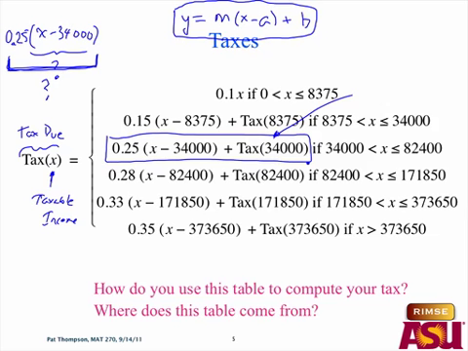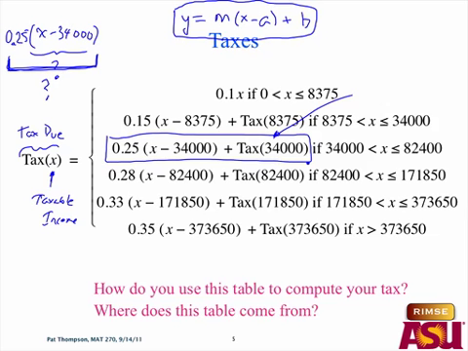It's a value. What value is it? It's your tax due after making more than 34,000 less than 82,400. It's almost a constant. And is it just a part of your tax due or all of your tax due? All. It's all the tax you owe on the first X dollars that you make when X is in the 25% bracket.